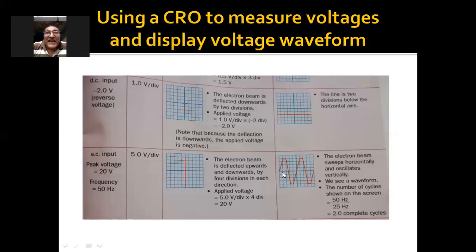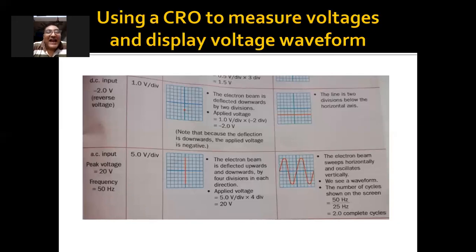So on the screen, how many waves will be shown? Here it is given that the alternating current has 50 hertz frequency. So this is Fy. And at the start, we were told that the frequency of the alternating voltage we are providing to the X plates of the CR screen is 25 hertz.